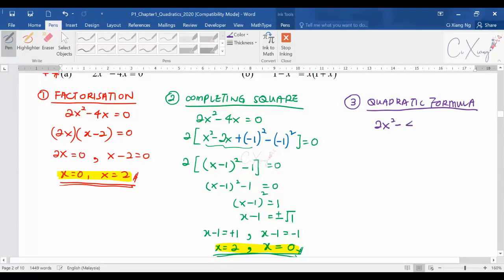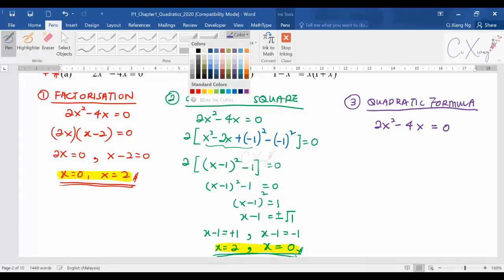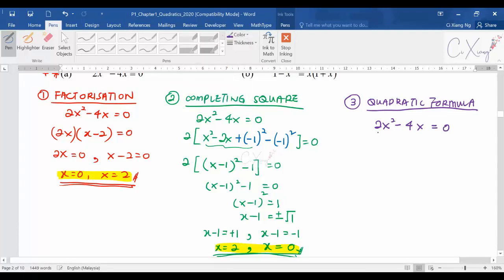Okay, and it can be applied for all types of quadratic equation. Right, so but before that, you need to know, in the quadratic formula got A, B, and C, so you should know that A equals to 2, and then B is the coefficient for x, so which is negative 4, and for this case, C is the constant term, so it should be equal to 0.